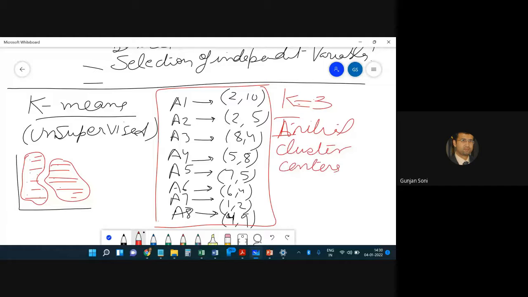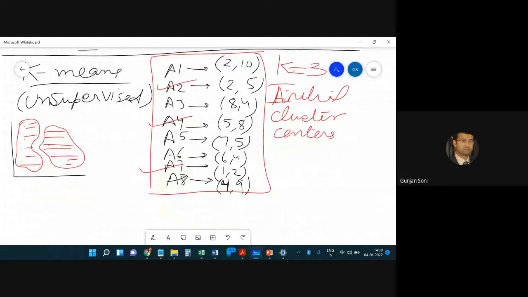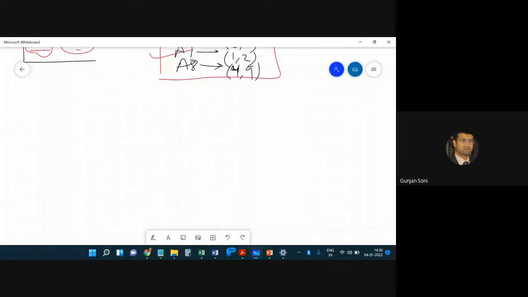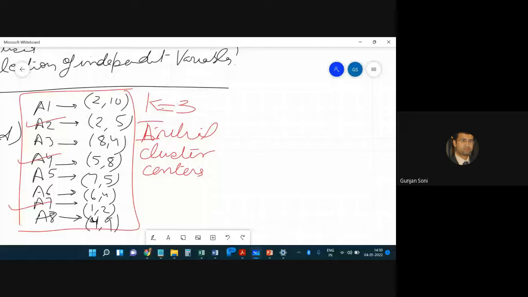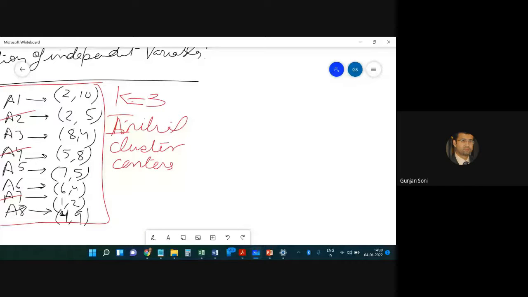So we take A2 as one cluster center, we take A4 as another cluster center, and A7 as another cluster center. Now, after taking them as cluster centers, what we do next is we make a table. You note down these values. I'll shift it this side so that you can note it down, and I'll make a table at the same time.